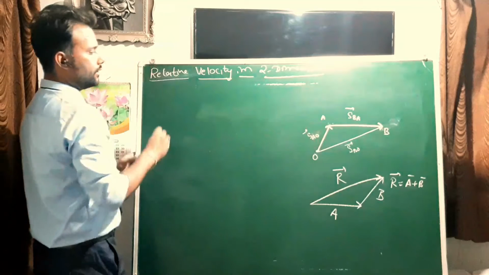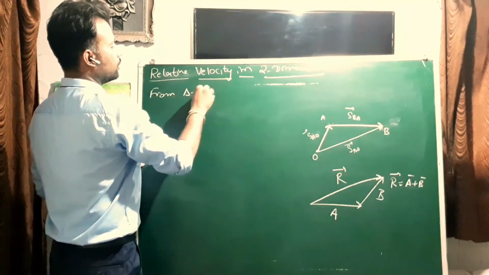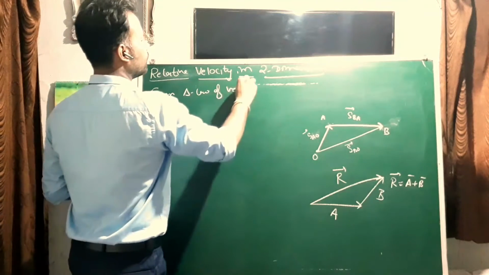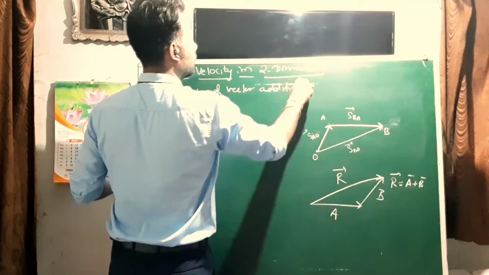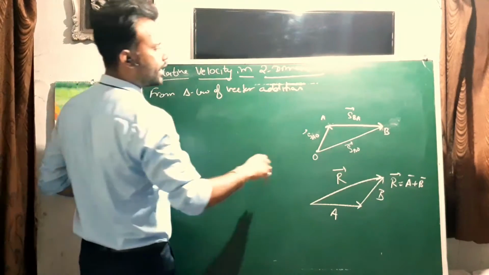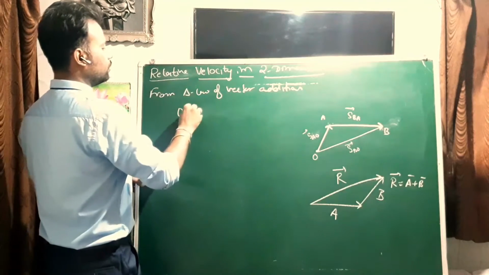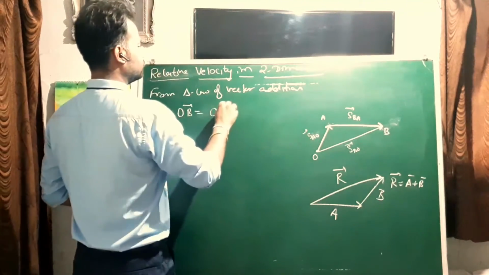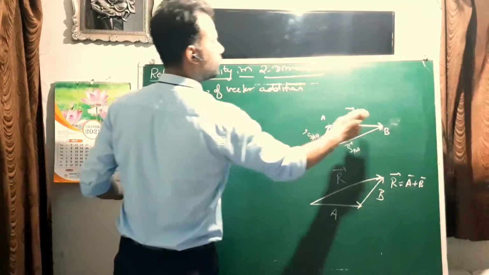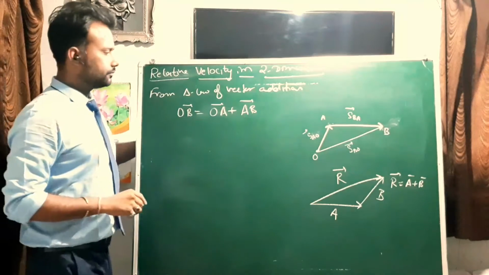So from the triangular law of vector addition, we can write vector OB is equal to vector OA plus vector AB, right?